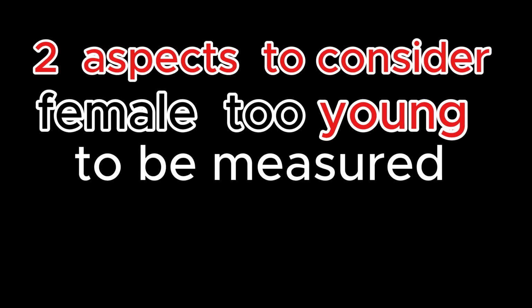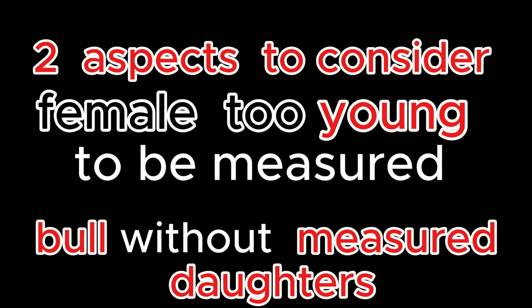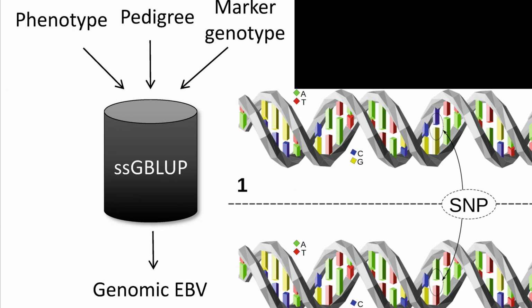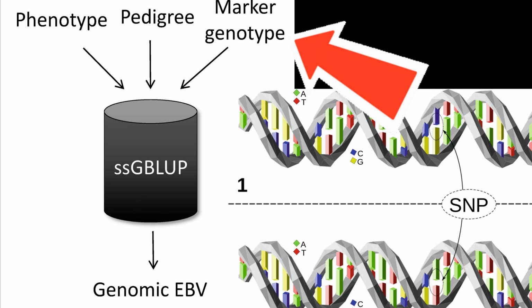The only two other aspects that needed solving are where the female was too young to be measured or where a bull without measured daughters is considered as a replacement, as the trait is a sex-limited trait. Female fertility can only be recorded on females. These challenges are dealt with by including genomic information in the form of SNP recording in the equations to predict the genetic merit.